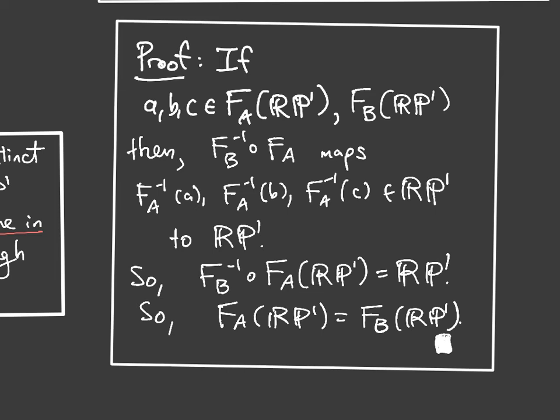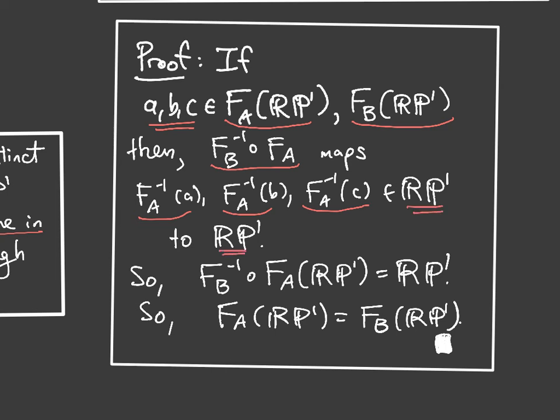Well, let's say we have a, b, c, 3 distinct points in the image of RP1 under 2 FLTs. Then we get that FB inverse composed with FA maps these 3 distinct points in RP1 to points in RP1.